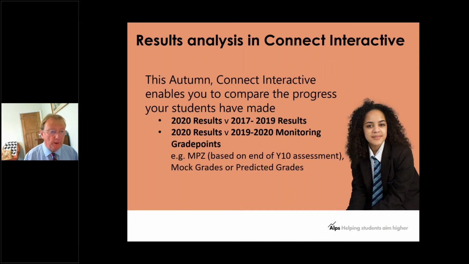It's all going to take place in a fictitious academy called High Spirits Academy, and some of their monitoring grade points are going to be mocks and predicted grades, but we're also very keen in ALPS on the phrase monitoring point 0 or MPZ, which in schools that use it is the grade point that's established at the start of each academic year for the cohort based on teacher assessment at the end of the previous year.